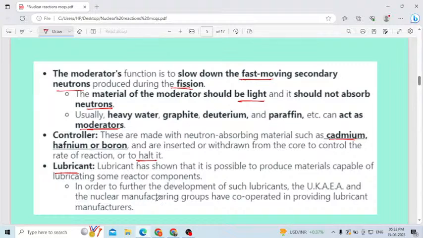Okay. What is the use of lubricant? Lubricants help the nuclear reactions to occur smoothly.